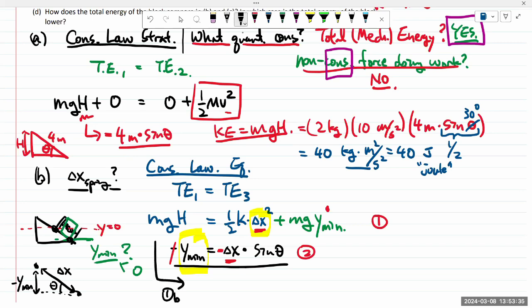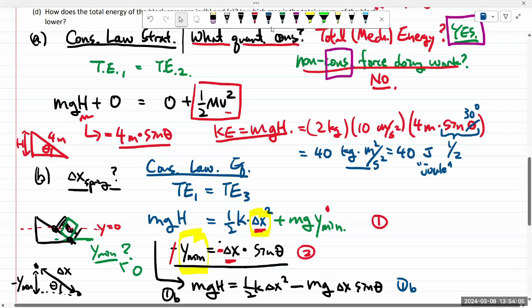Let me call it 1b. That's going to be mgh is equal to 1/2 k delta x squared, minus, from this minus sign, mg delta x sine theta.